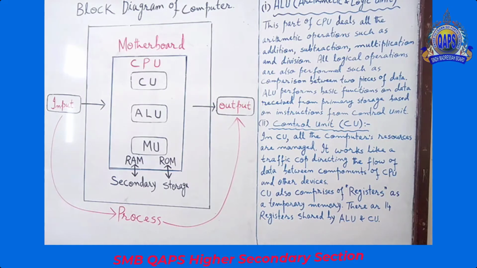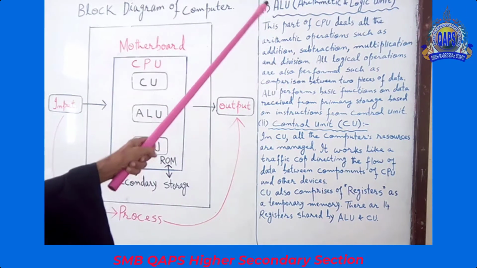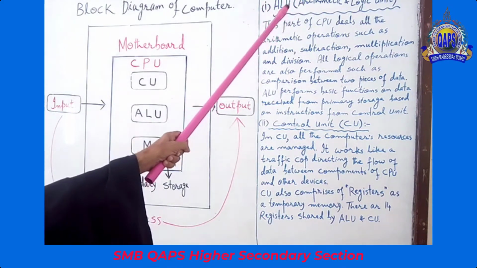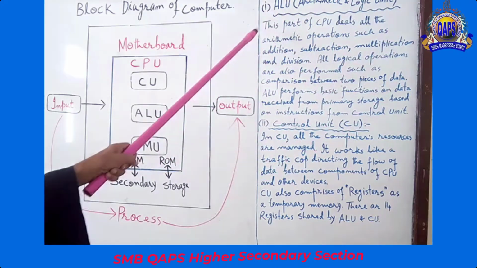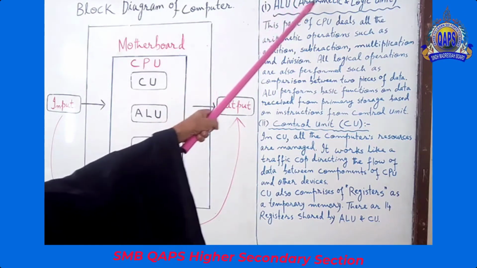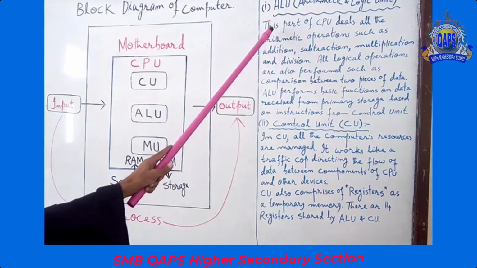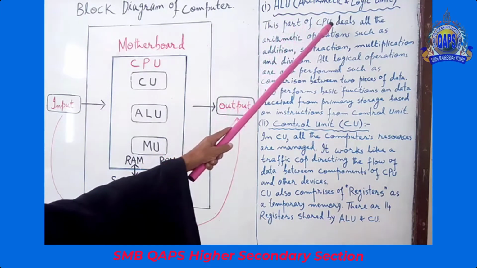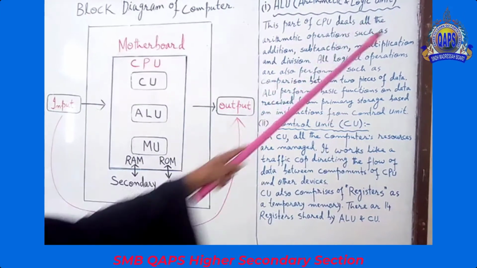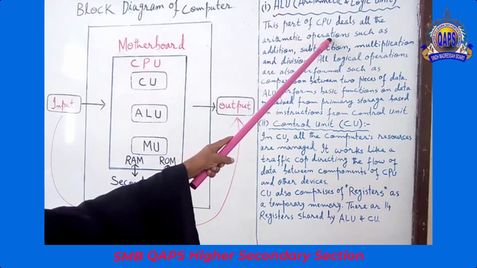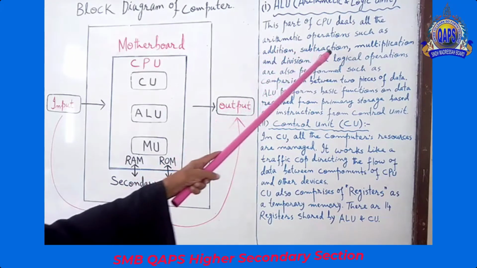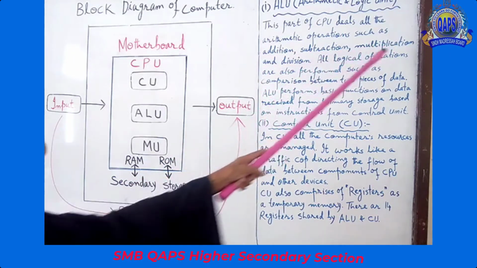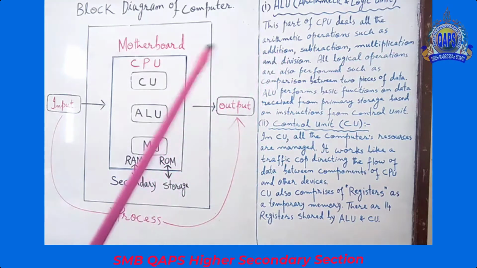Now, first of all, a very short note on ALU from your examination point of view. See, I made it very short and very easy. ALU, arithmetic and logic unit, this part of CPU deals with all the arithmetic operations such as addition, subtraction, multiplication and division.